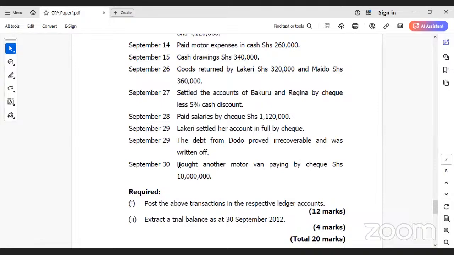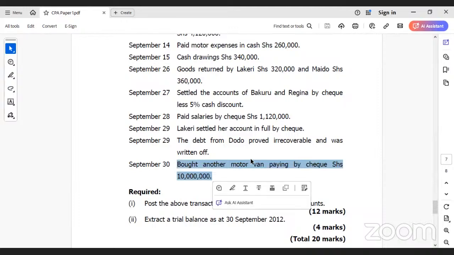Then there is what we call an error of principle. With an error of principle, you are recording an item, but in the wrong class of account. You're going to complete your double entry, with a debit and a credit entry, but in the wrong class of accounts. Assuming, for example, this transaction: bought another motor van, paid by check.